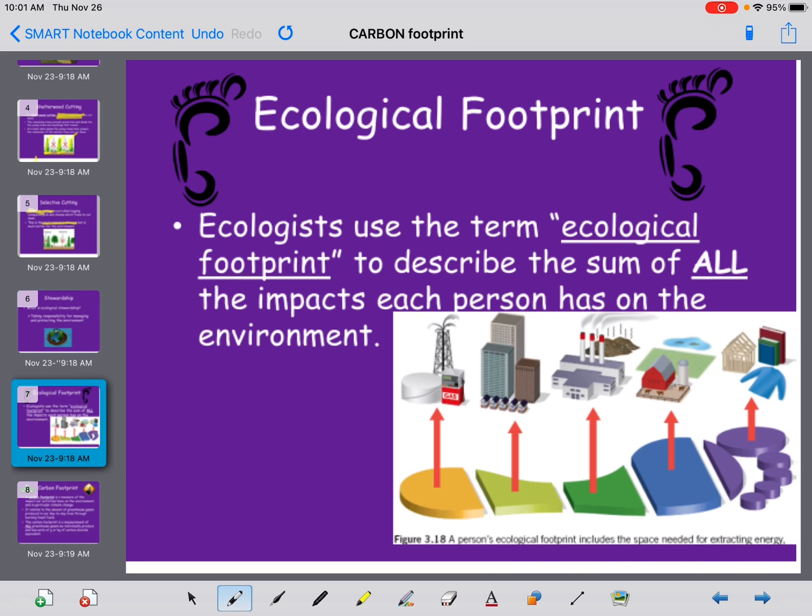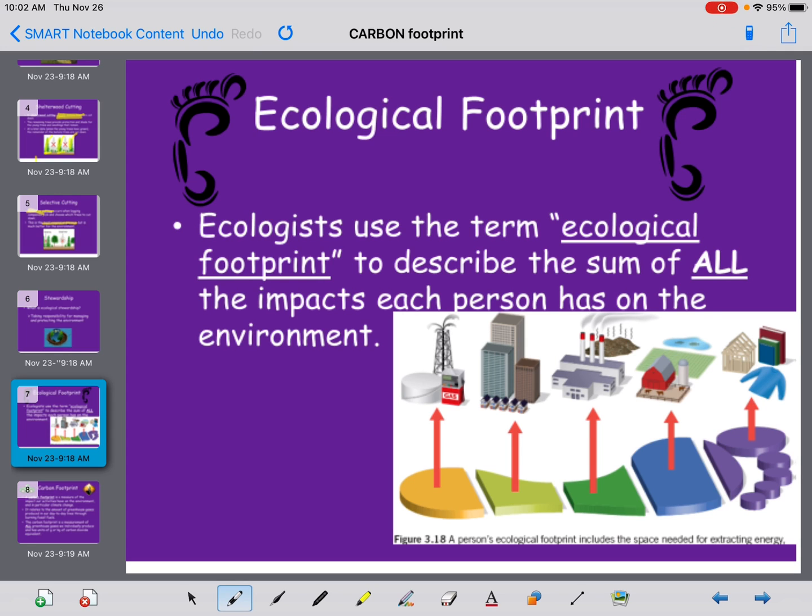So how can we measure how well we're doing? There's a concept known as an ecological footprint. What this is talking about is it takes into consideration all the choices that you make in your life. Everything from how much electricity you use, how much water is used, where you buy your food.